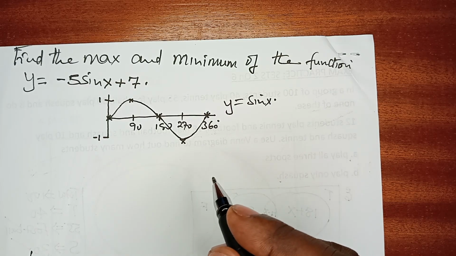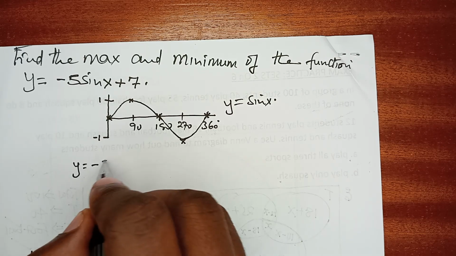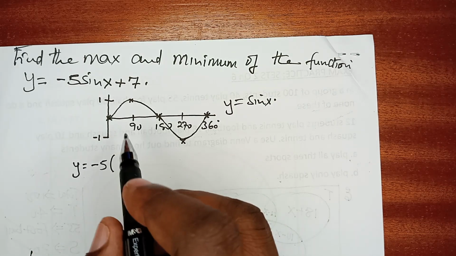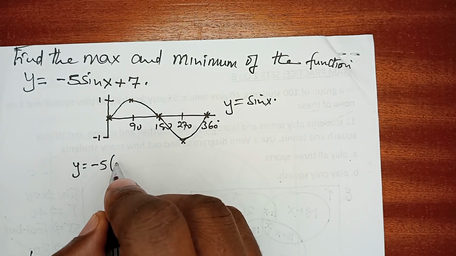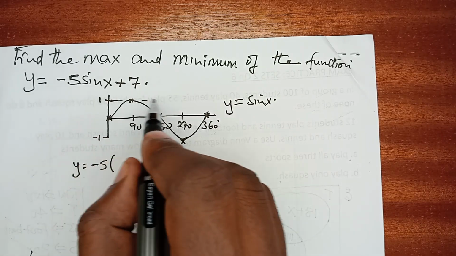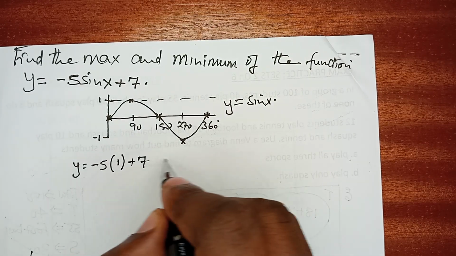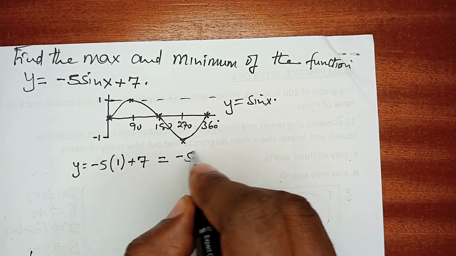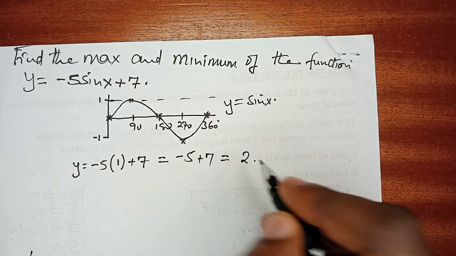So going back to our equation, y equals minus 5 sine x plus 7, assuming the highest sine is 1, we put 1 there, so it is minus 5 plus 7, which is positive 2.